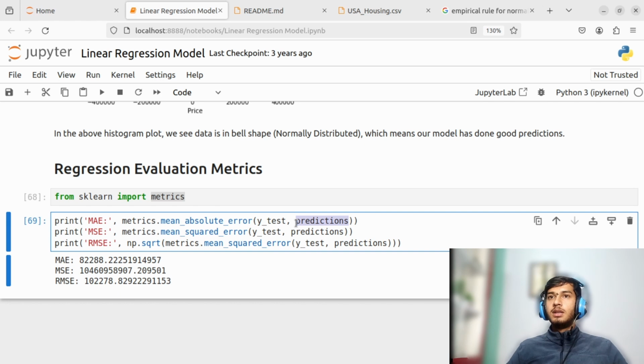Then it will compute for every column, every row. Basically it will subtract the values and perform the mathematical computations, and it will give you some values, right? Basically your MAE, or mean absolute error, or your mean squared error. And if you take the root of it, it will give you RMSE.